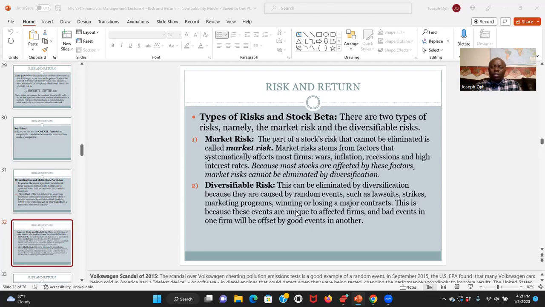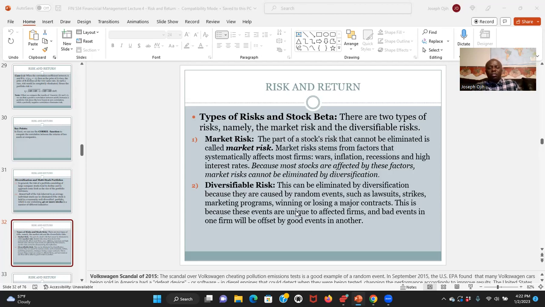Now, the second type of risk is what we call diversifiable risk. This is the kind of risk that we can eliminate by diversification, because it is caused by random events that affect a particular company or industry. Things like lawsuits, strikes, marketing programs, winning or losing a major contract, and so on and so forth.